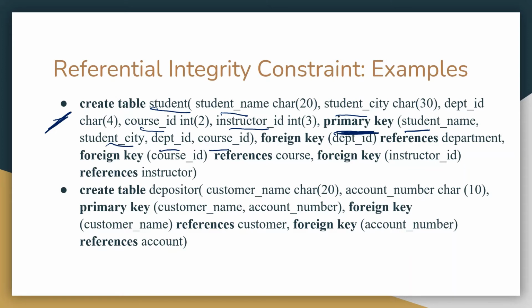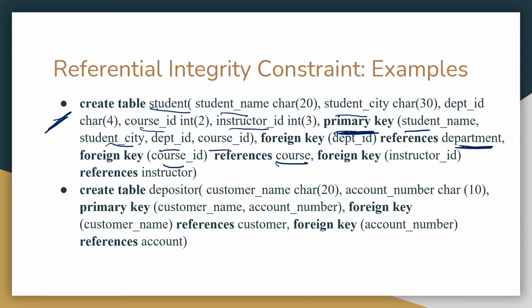Then what we have as the foreign key over here is department ID. Department ID is a foreign key which references department, because department will be a relation which consists of the complete set of department IDs. Similarly, course ID is a foreign key which references course, because course will be a relation which comprises the information of the complete set of courses a department or an institution offers, right?